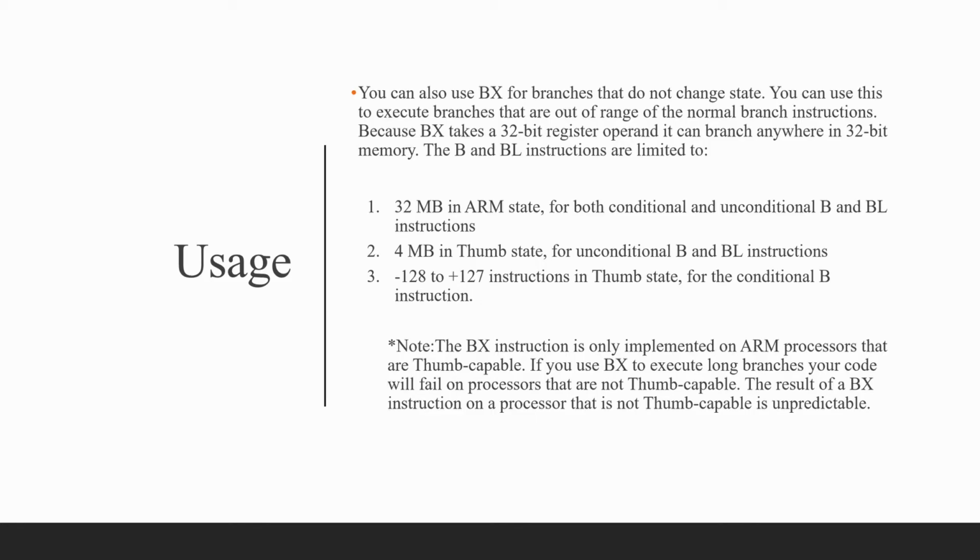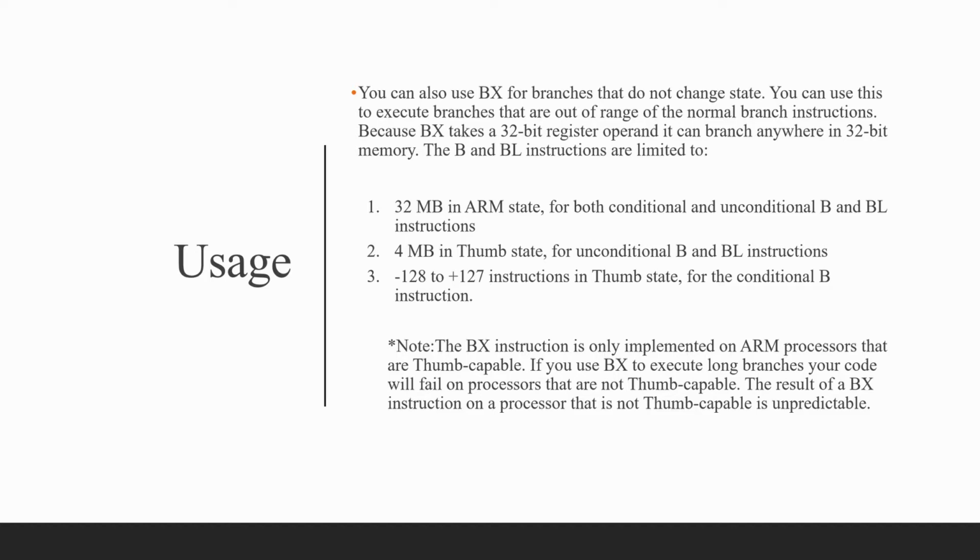For usage, you can also use BX for branches that do not change state. You can use this to execute branches that are out of range of the normal branch instructions. Because BX takes a 32-bit register operand, it can branch anywhere in 32-bit memory.